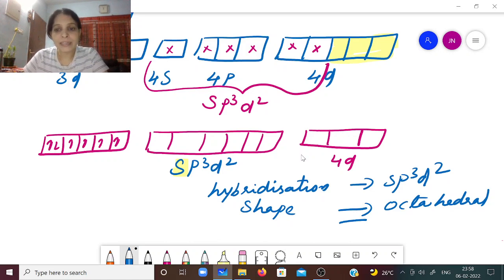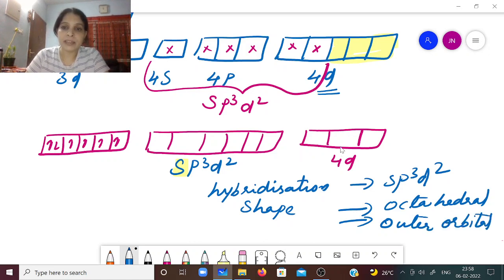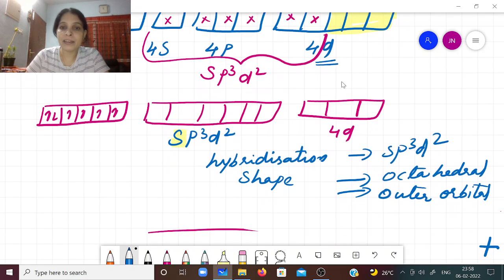Now we will write inner or outer orbital. For the hybridization we are using the outer d orbital, that is the 4d orbital. So this is an outer orbital complex. Then next is magnetic character.